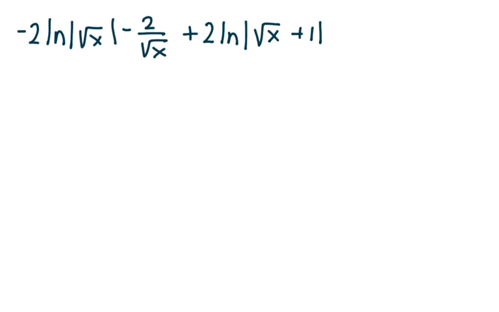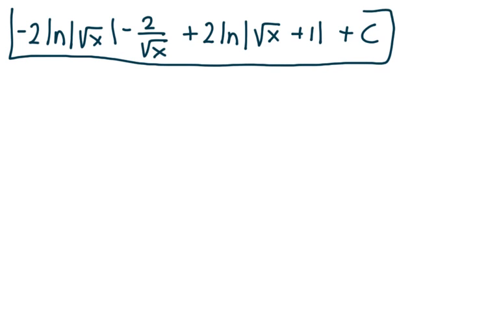And again, square root of x is in absolute values, same with the square root of x plus 1, plus c. And I'm going to leave it here, and once again, I'm going to leave it to your instructor to instruct how far they want you to simplify.